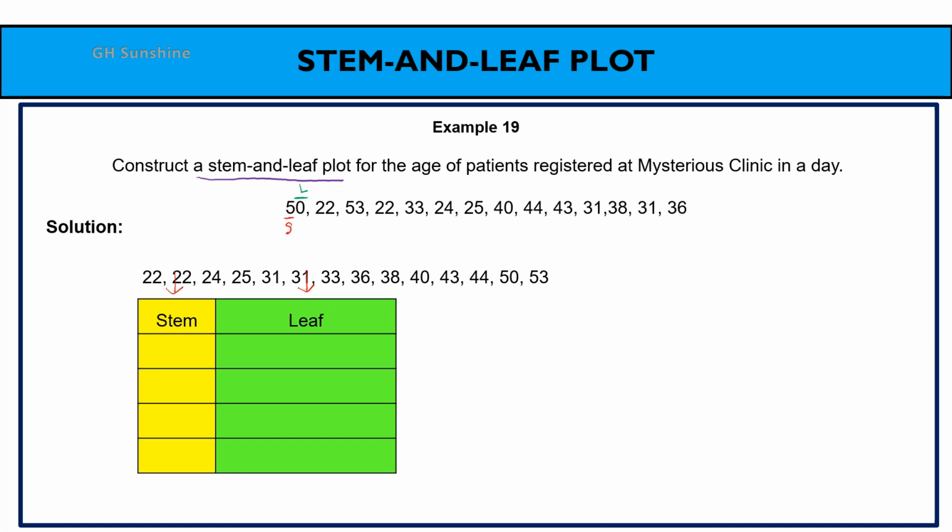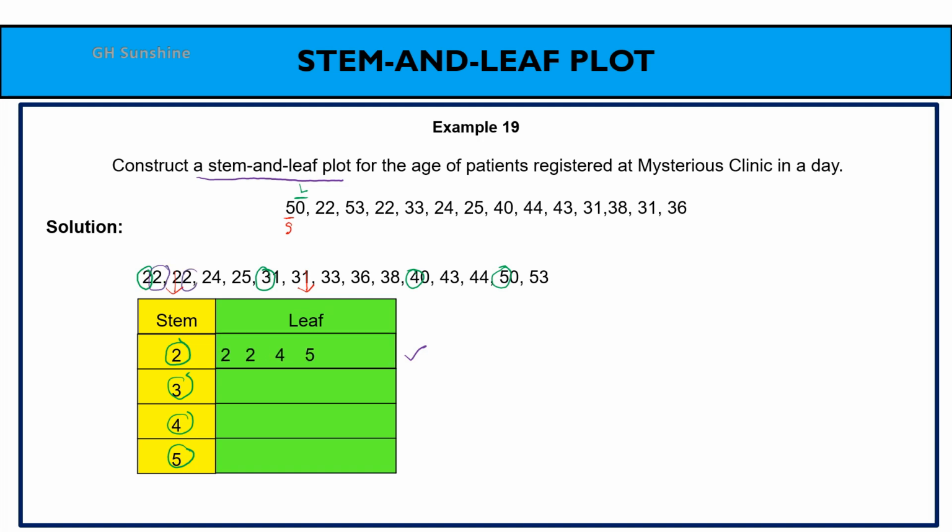So the lowest value is 22. So 22 stem start from number 2, and then 3, 4, and last one here is 5. So any number start with number 2, first row of leaf, like that.